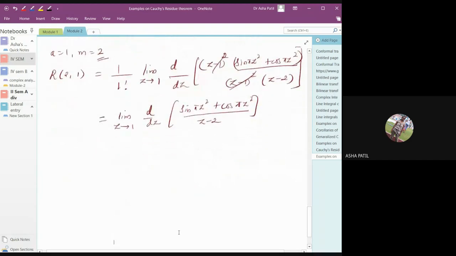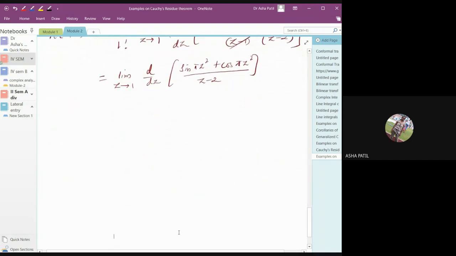You have to go for u by v. Limit as z tends to 1. Denominator will keep as it is. Differentiate the numerator term. So derivative of sin pi z square. What will you write?